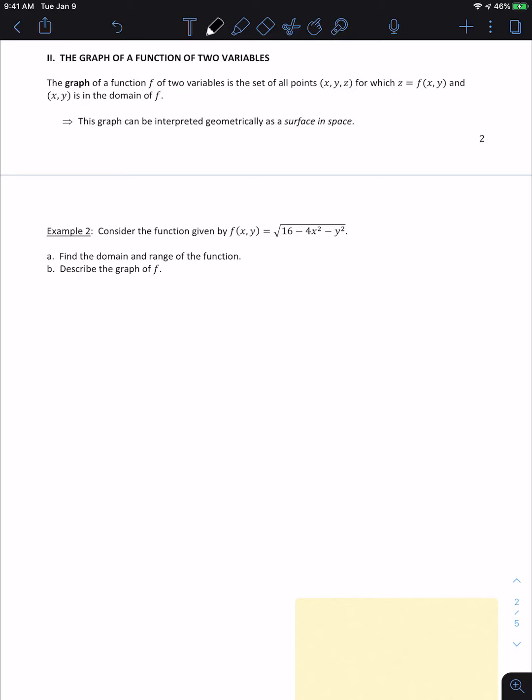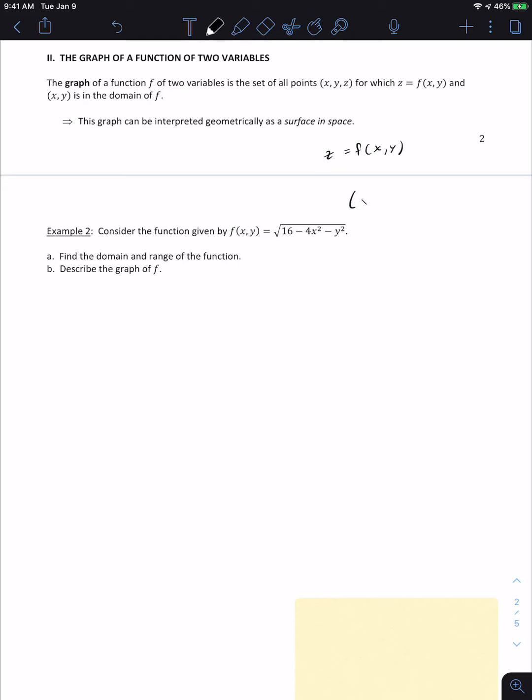So again, we used the analogy before. When I looked at a function of one variable, y equals f of x, I had this x value and then I plugged it in and I got an f of x value, or a y value. So now what's happening when I have a function of more than one variable? For example, if I have a function of two variables, I plug in x and y and I get a z value.